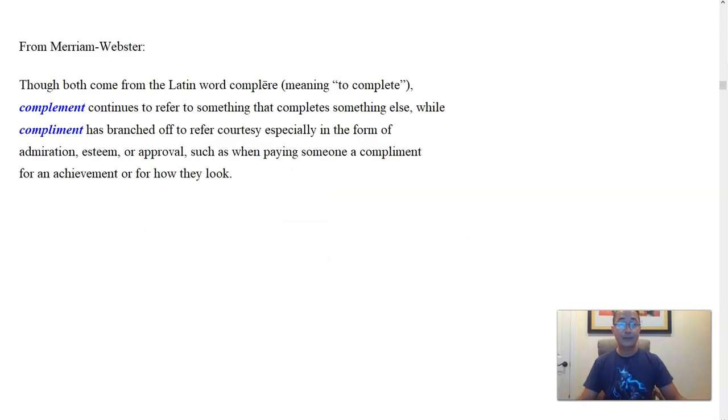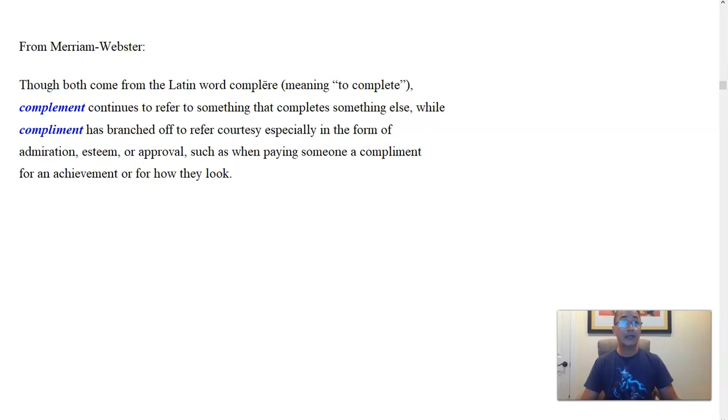So let's start off with that word complement, and there's another word in English that is similar to that, where the E is turned into an I. So we have complement instead of compliment. They both have the same root in Latin, but they mean kind of different things.